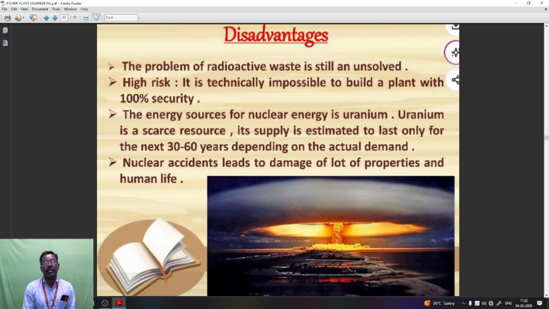Uranium is a scarce resource. Its supply is estimated to last only for the next 30 to 60 years, depending on the actual demand. Nuclear accidents lead to damage of a lot of property and human life.